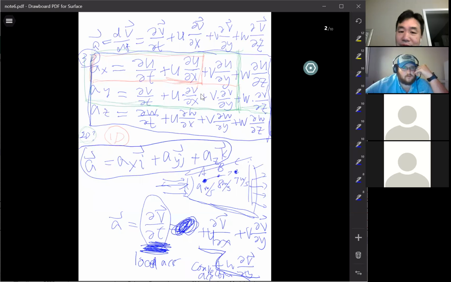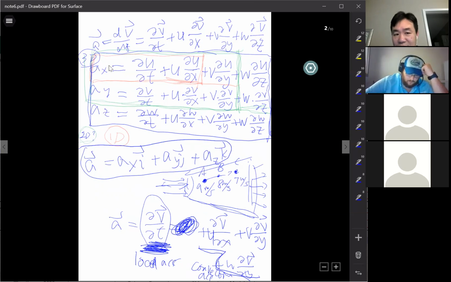After you get the acceleration, you can calculate the force, F equals ma. That's the process of doing fluid mechanics, doing any mechanics, basically: motion and force. So that's the big picture.